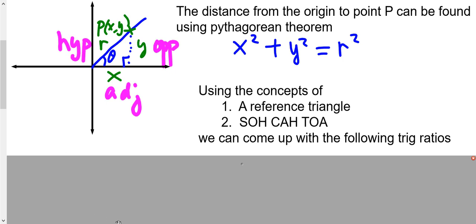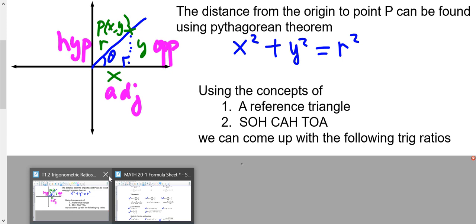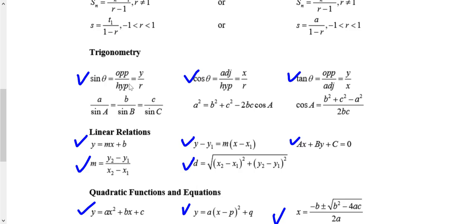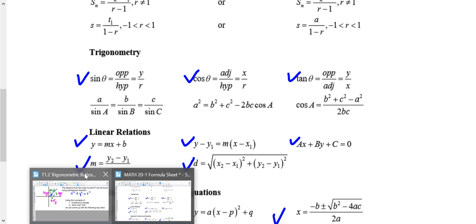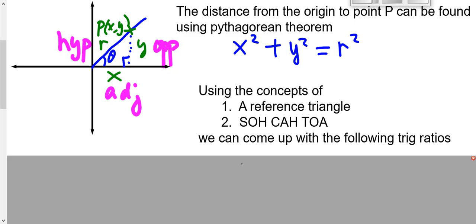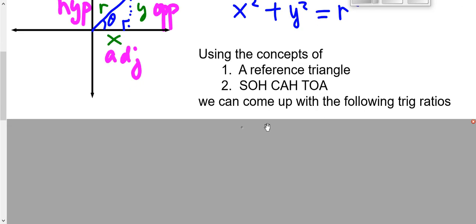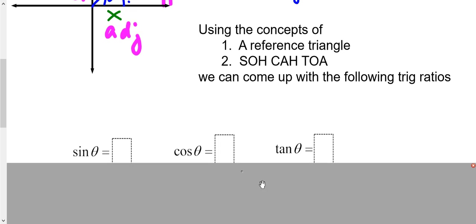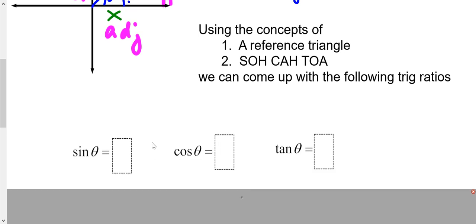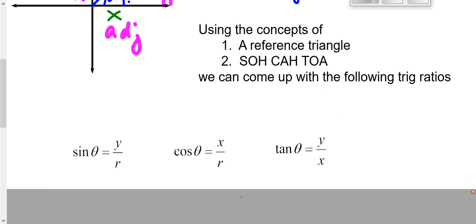Alright, so have a look. I'm not going to go back to this, because as long as you know which side is which, you can just plug the numbers in. Opposite, adjacent, hypotenuse, something like that. Okay, so this is the same thing you see on the formula sheet. You can fill this in. I'm not going to repeat myself. And if you're still having problems with the SOHCAHTOA stuff, you can just look at the Math 10C material from last year.